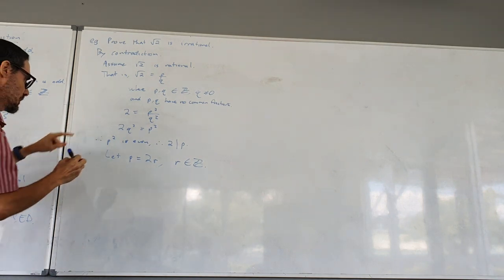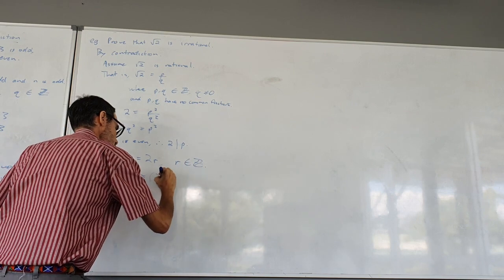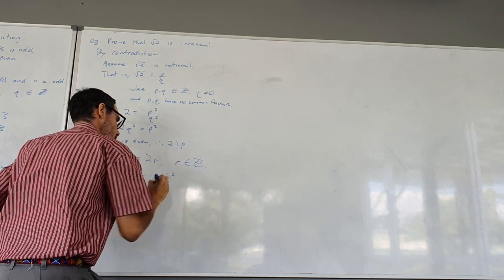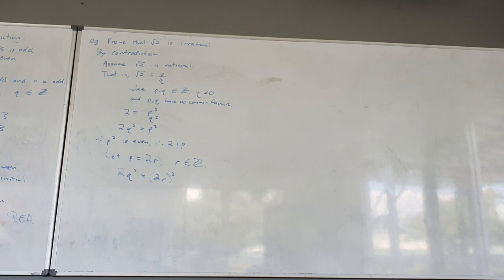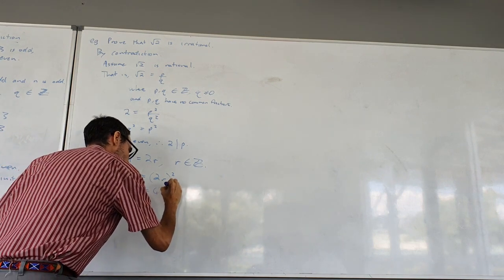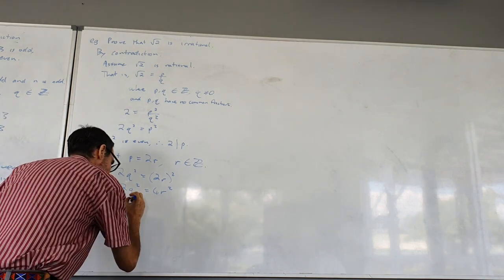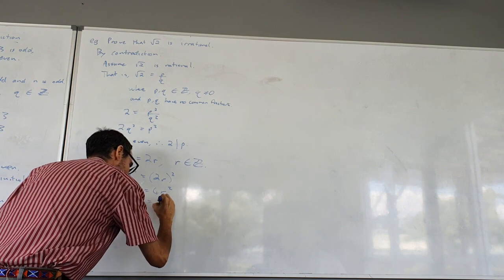What do we know? 2q squared equals 2r squared, because p is 2r. Okay. 2q squared equals 4r squared. Divide both sides by 2. q squared equals 2r squared.